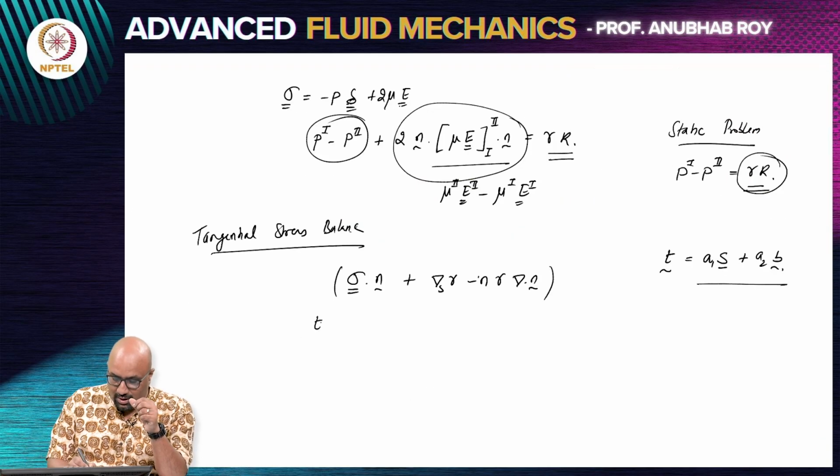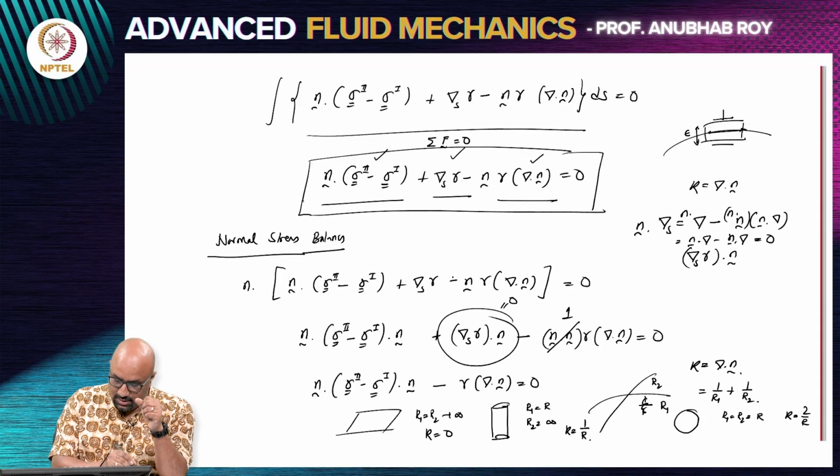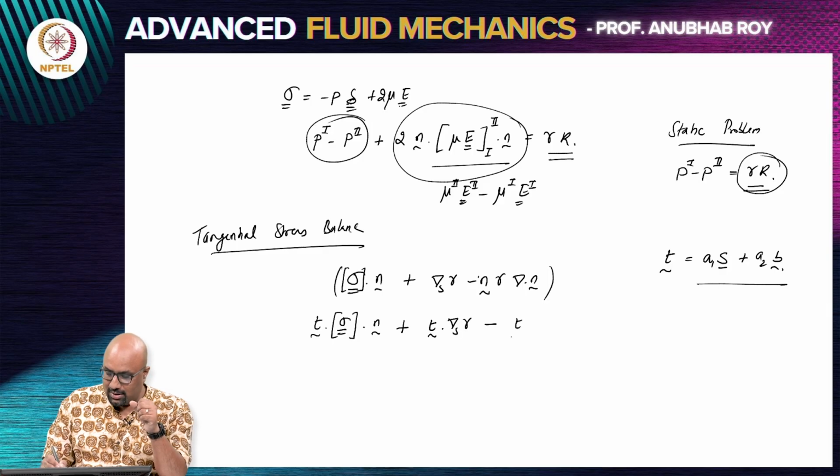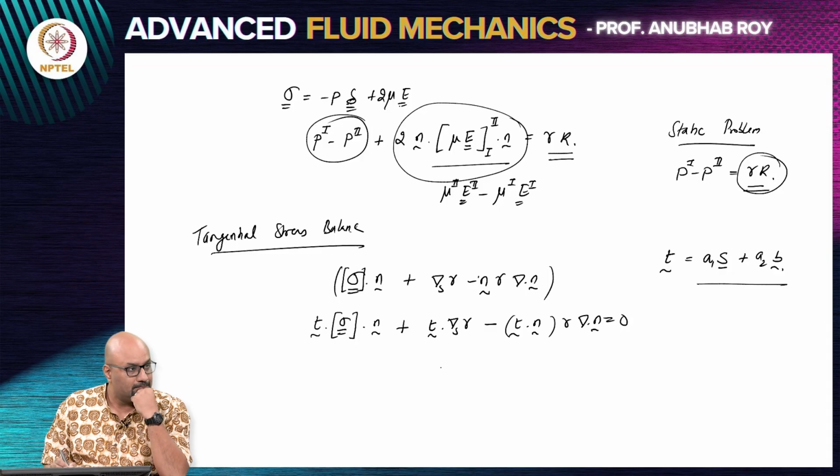So I will dot this with the tangent vector. This is the jump in sigma dot n, and then I have the tangent vector dotted with the surface gradient, and the tangent vector dotted with the unit normal gamma del dot n is equal to 0.